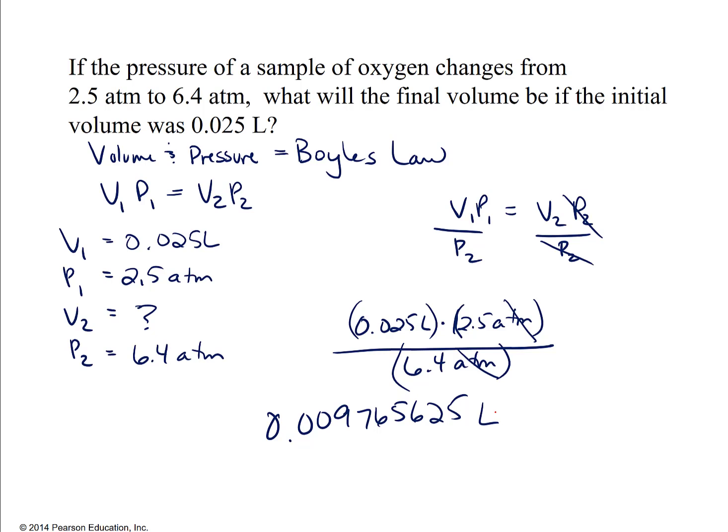Remember, leading zeros, you need them because they show the size. But the first 2 significant figures that I come to going across are the 9 and the 7. So that means 0.0098 liters. The 7, the last significant figure, gets rounded up because the number that's going to get dropped is a 6.